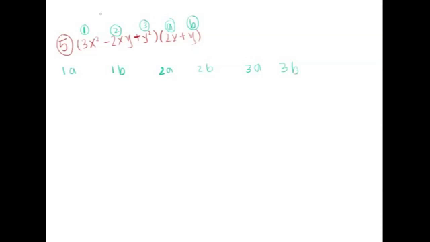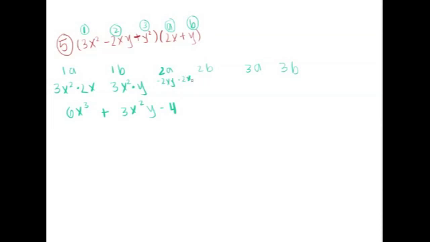Okay, 1A would be 3x squared times 2x, so I get 3 times 2 is 6, 6x to the third. 1B, 3x squared times positive y, so they basically just combine, they look like that, okay? 2A, negative 2xy times 2x, so the negative 2 and 2 become negative 4.